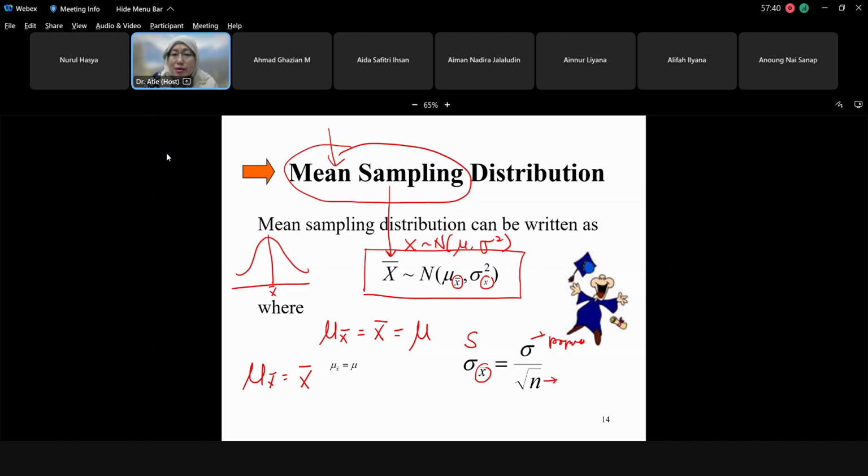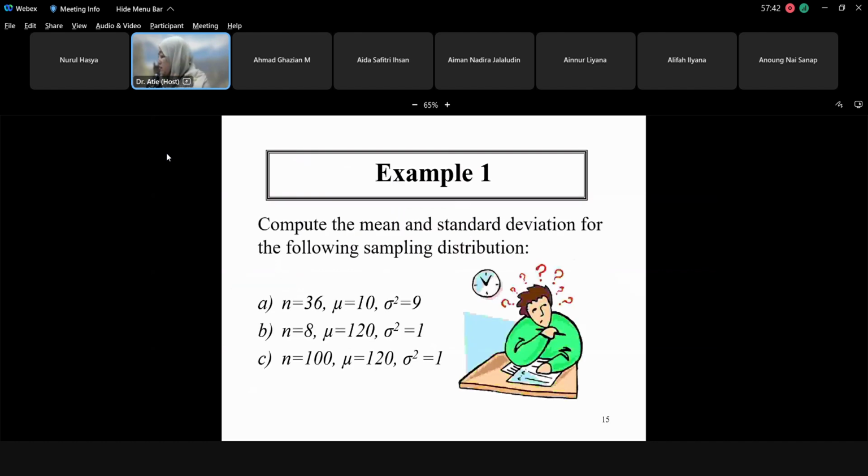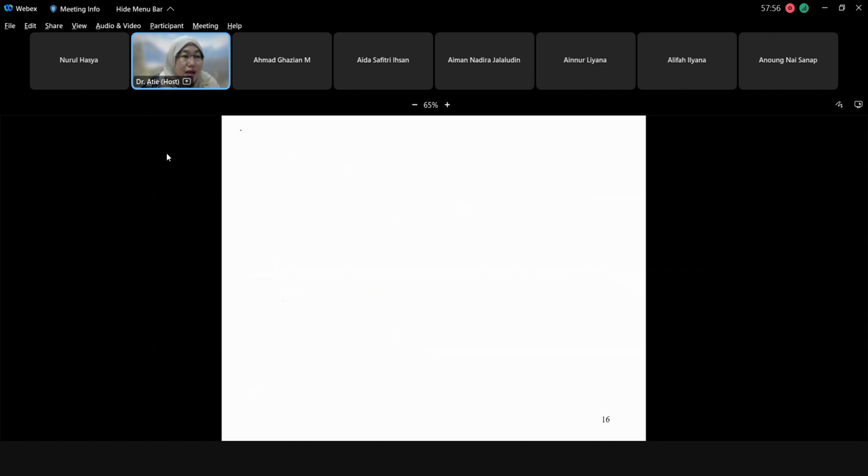Right, so let's do some examples. Example number one, on page 62. We have the first one, n is 36, mu is 10, sigma square is equal to 9. How to do this one? I'll do the first one for you.